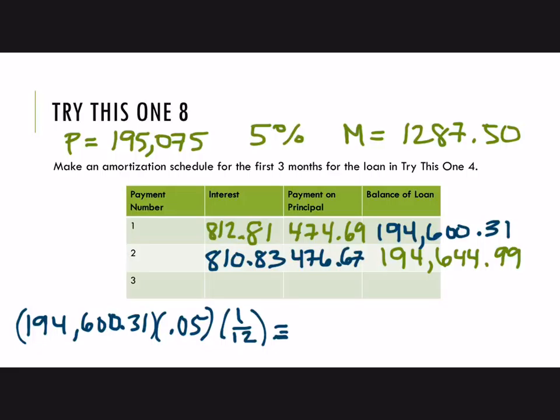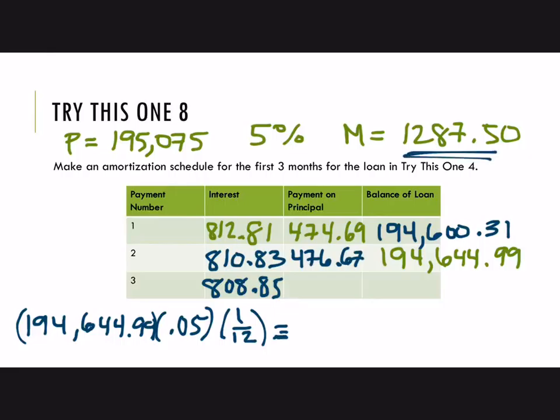Okay, and then one more time. To find the interest for the third month, we're going to multiply the previous month's balance. Okay, 194,644.99 times 0.05 times 1/12, and that gives 808.85.